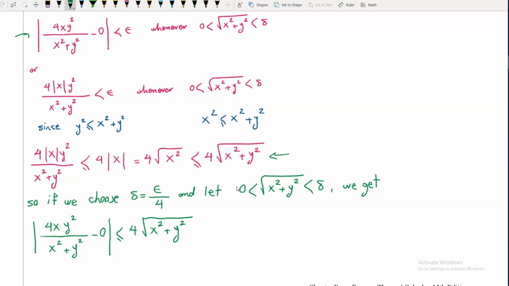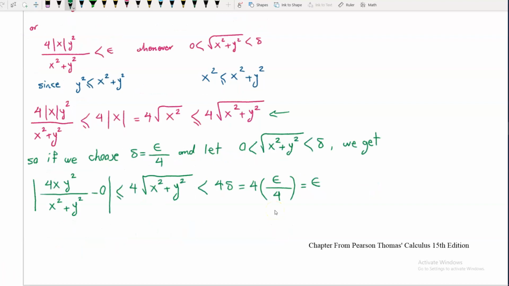And then this is less than 4 times delta, using what I have here, the square root of x squared plus y squared is less than delta. So here we have 4 times delta, and that is equal to 4 times epsilon divided by 4, and this is equal to epsilon.